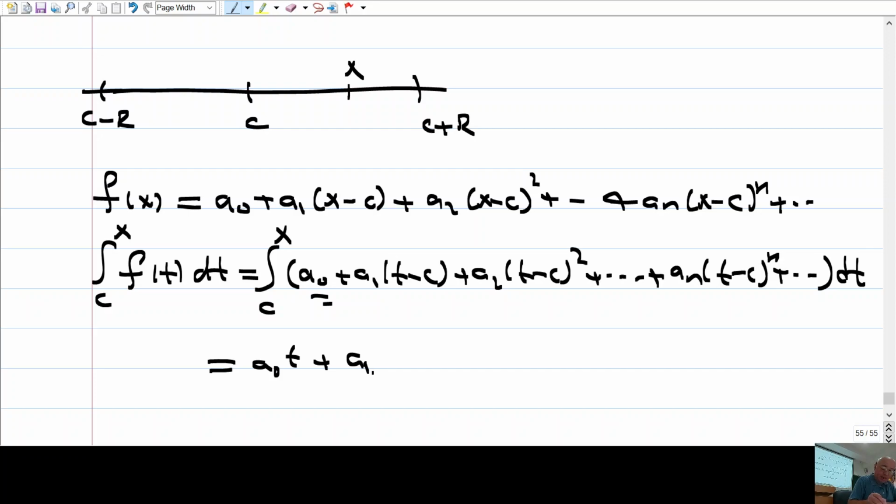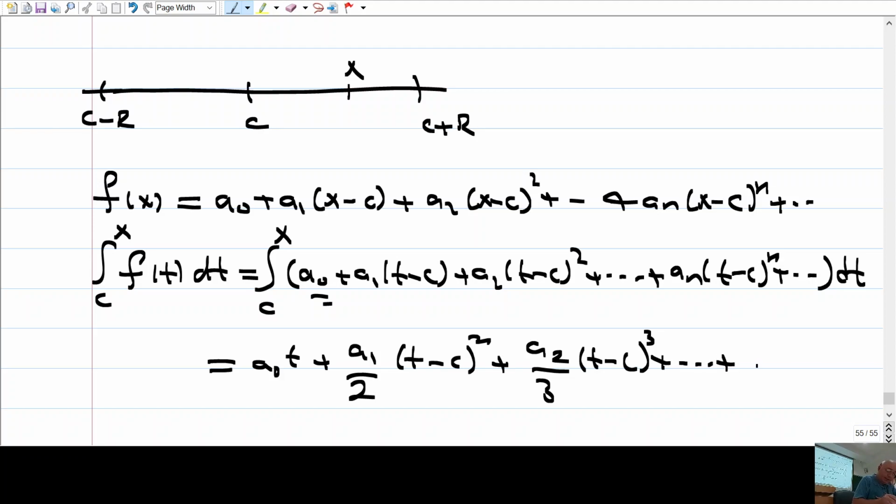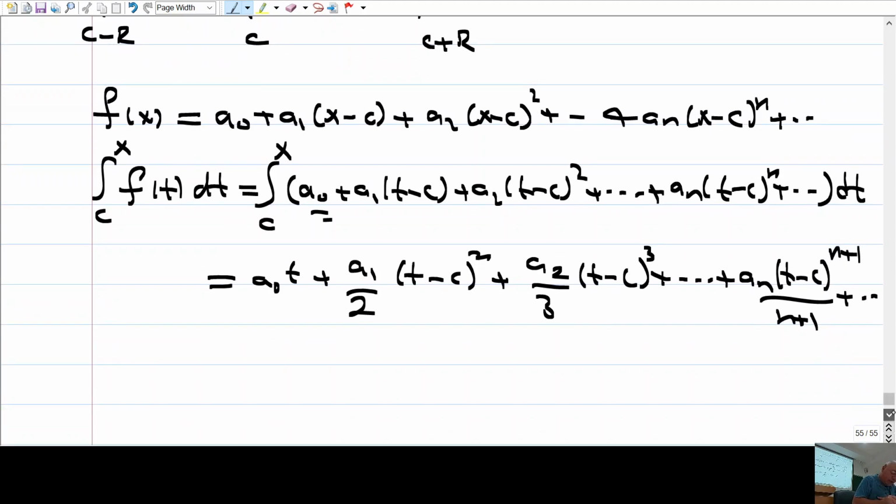Integral of this one is just a1 over 2 (t minus c) squared, a2 over 3 (t minus c) cubed, and goes like this, an over n plus 1 (t minus c) to the power n plus 1, and continues like this, and you evaluate this at c and x, right?